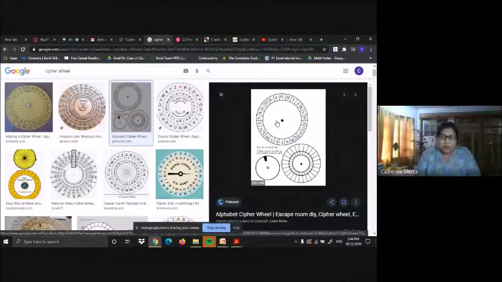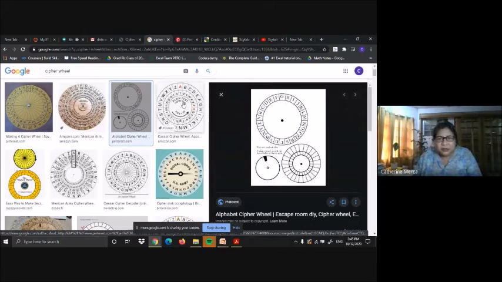I will also give you the dimensions so your cipher wheels are uniform. From that template, make it and take a picture, because we will use your cipher wheel in our online class for deciphering. We will decipher without using this. There is an online cipher wheel, but I would like you to have your own cipher wheel that you made yourselves. Okay?